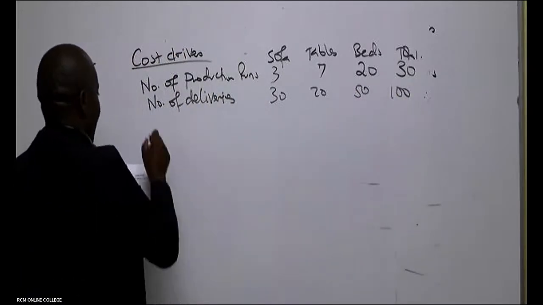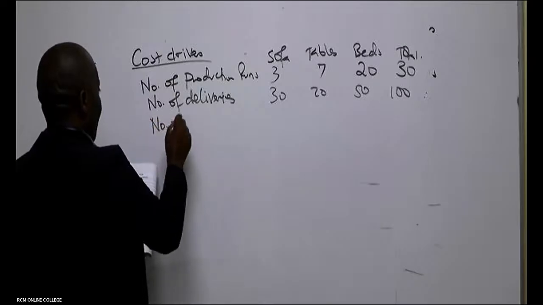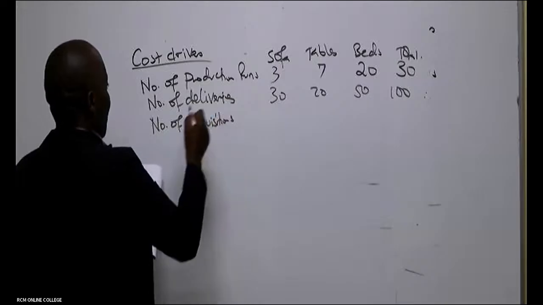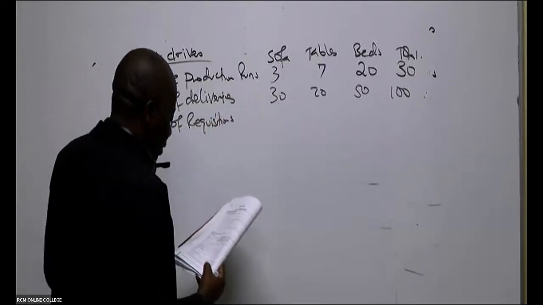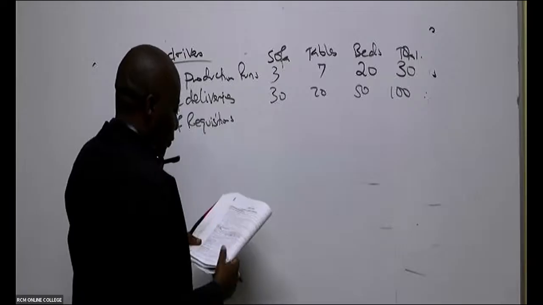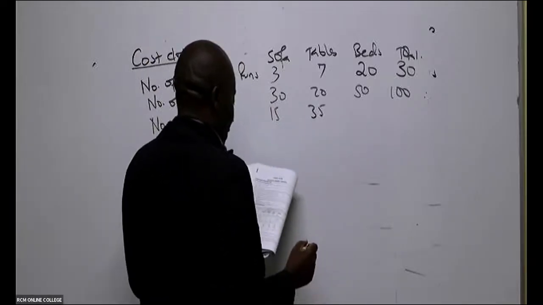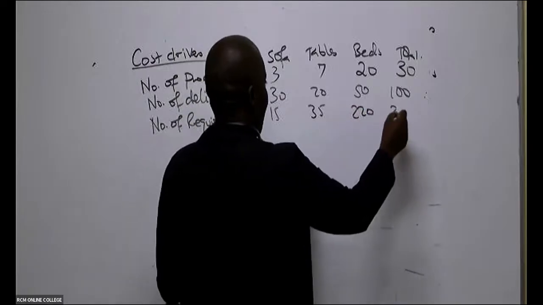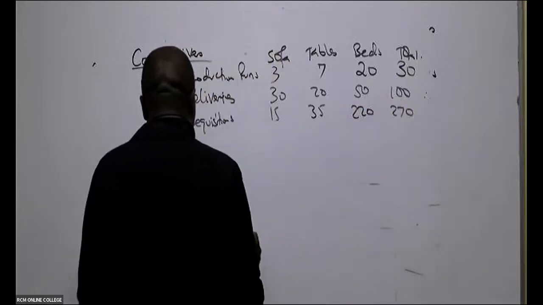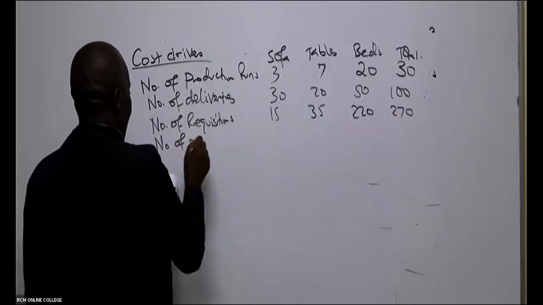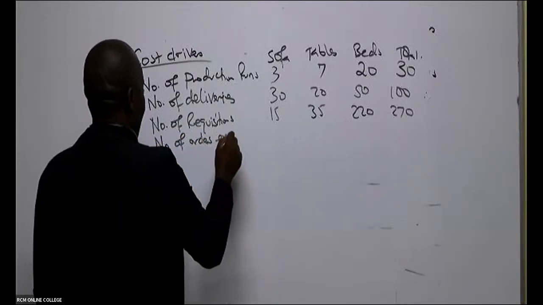Then we have number of requisitions: 15, 35, 20, giving us 270. Then we have number of orders executed.